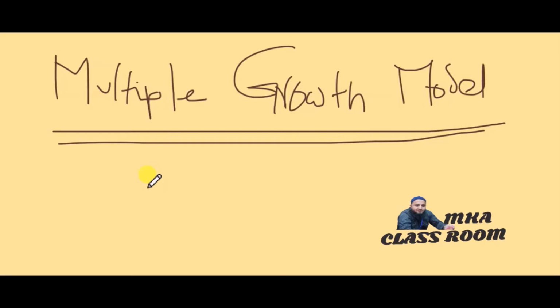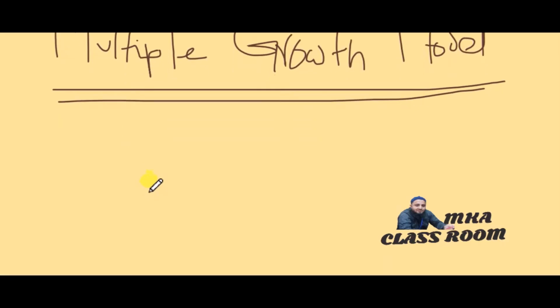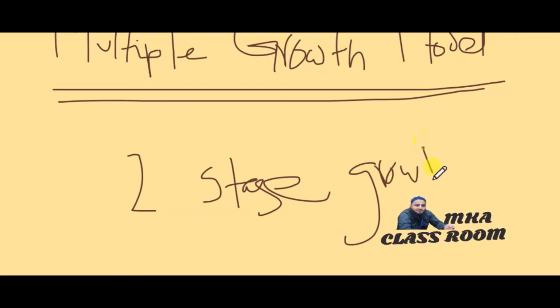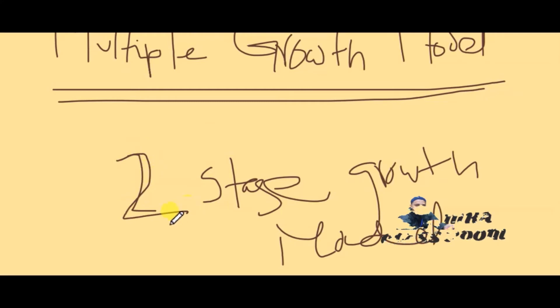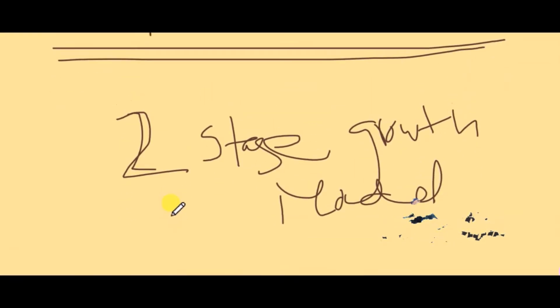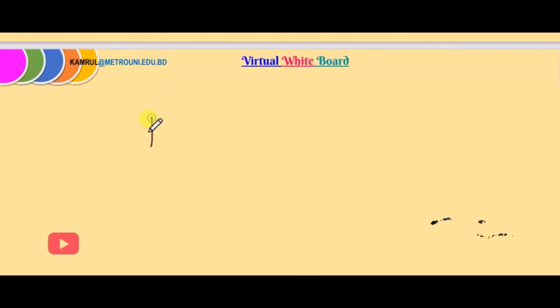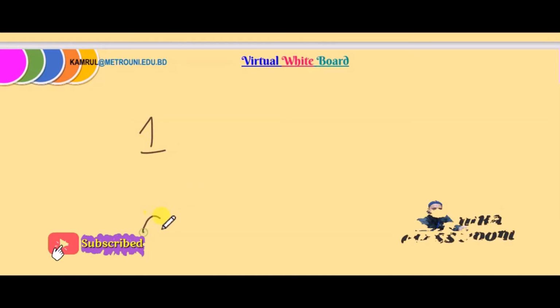This situation can be represented by the multiple growth model, or you can call it the two-stage growth model, because in this model there are two stages, stage 1 and stage 2.